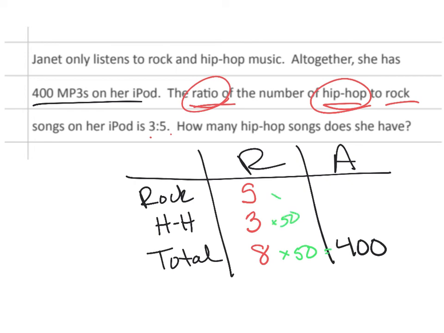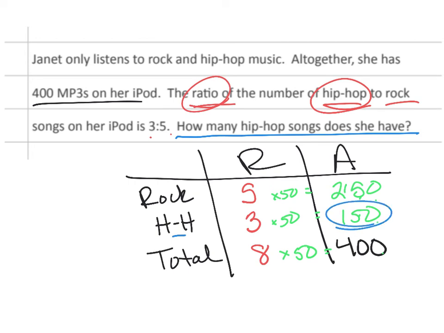So we multiply by 50. 3 times 50 is 150. 5 times 50 is 250. And if I add that together, I get 400. So then, let's answer the question. How many hip-hop songs does she have? She has 150 hip-hop songs.